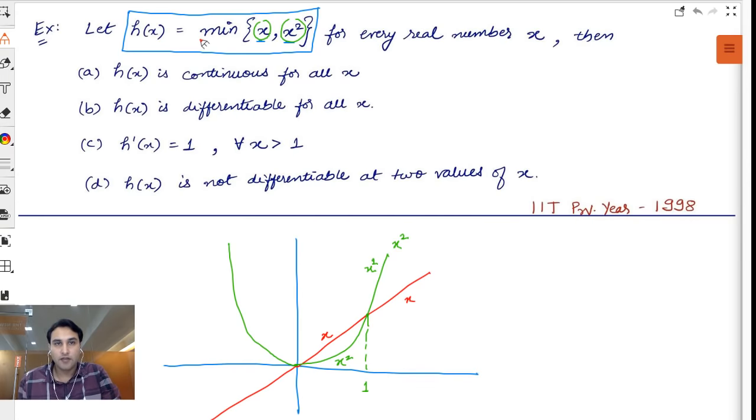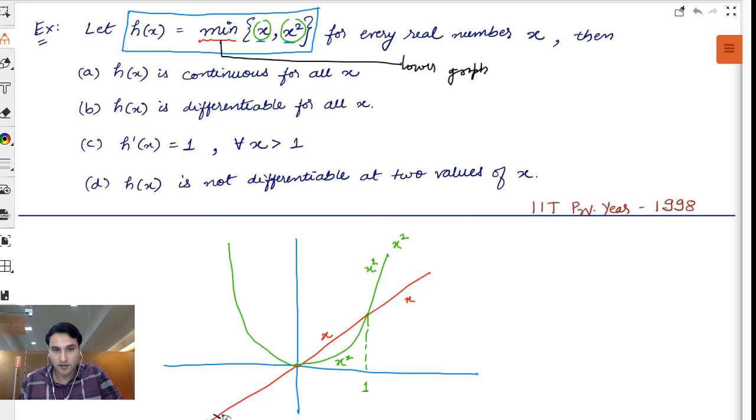Now whenever you see a minimum here, what you need to do is just move from left to right on the number line. After that, wherever the graph is lower, read minimum as a lower graph. So which is lower between the two, green or red?